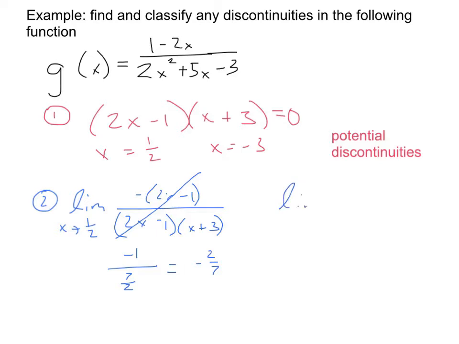I also need to do the limit as x approaches negative 3 of the same thing, of my negative (2x minus 1) over (2x minus 1) times (x plus 3). In this case, I'm going to end up with something that looks like positive 7 over 0.